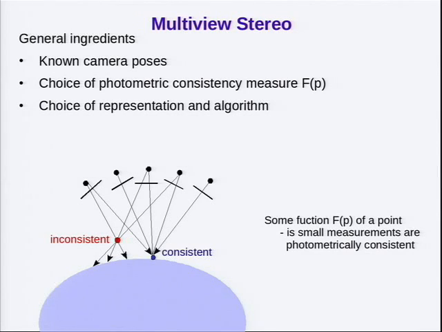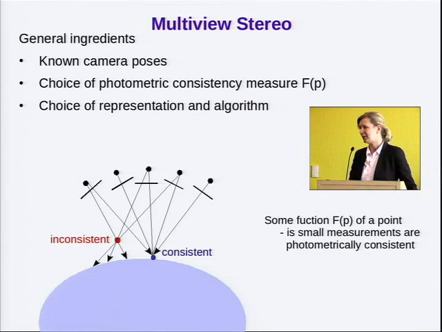The photometric consistency function is really the crucial part of any algorithm which uses multiple views to reason about the 3D structure of the scene. The basis of that function is that if you would like to reason about some point in 3D and know whether it's photometrically consistent, you take rays and project them into the individual points in the respective views.